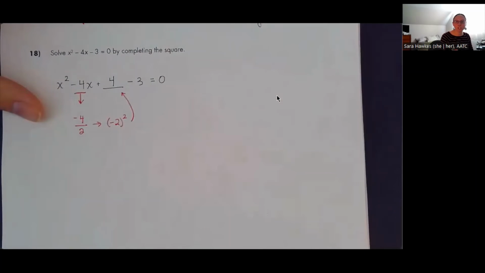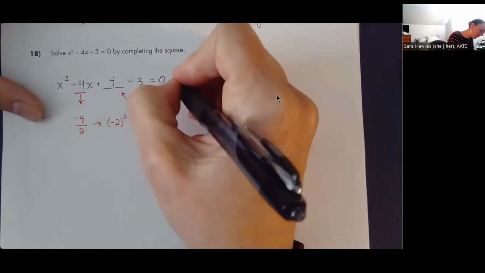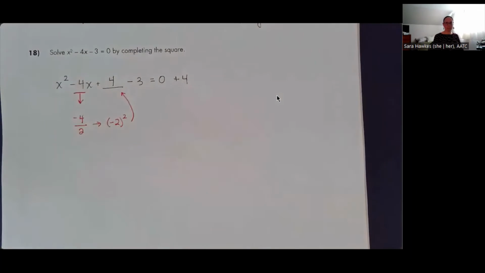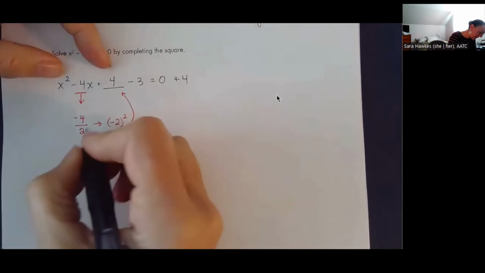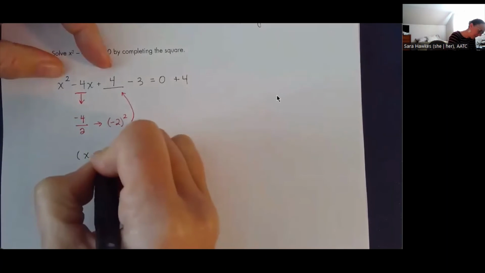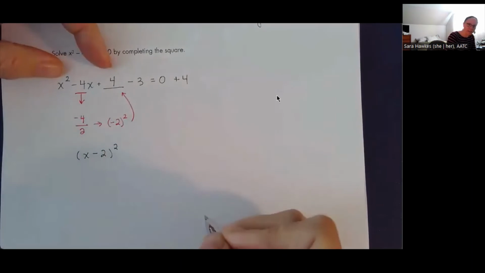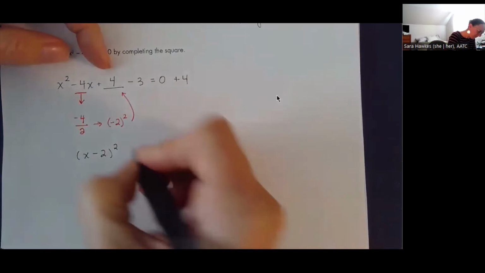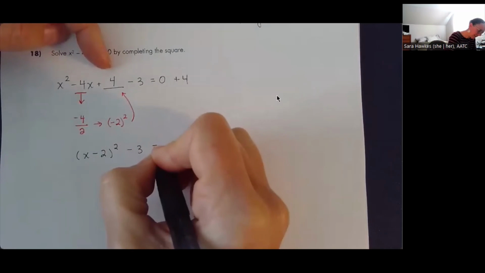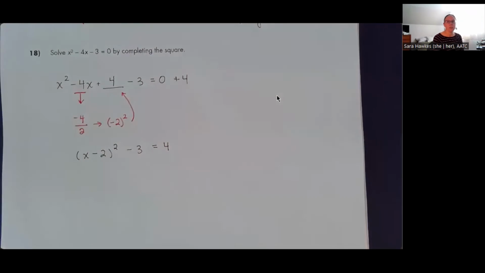And so that I don't change the problem, I'm also going to add 4 to the other side of the equation. The reason that we're completing the square is so that we can rewrite this piece of it as a perfect square. So that's going to be (x minus 2) squared, -3 is equal to 4.